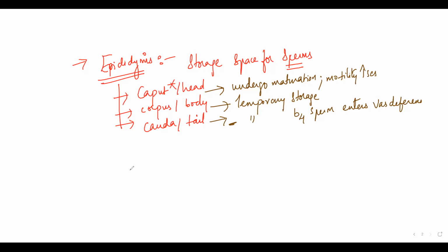These are the things about the epididymis. Next, coming to the vas deferens. The vas deferens arises from the cauda part of the epididymis, and it is approximately 30 centimeters long.